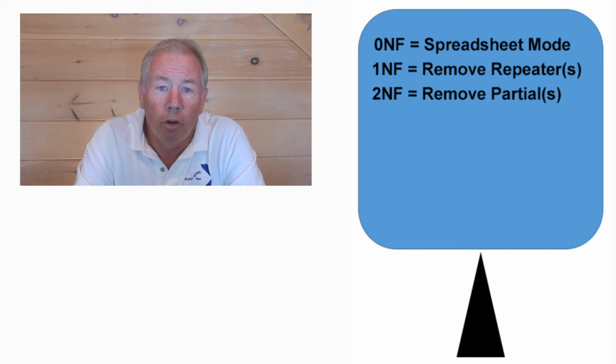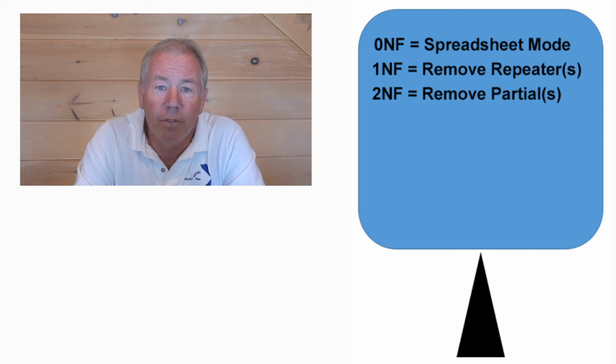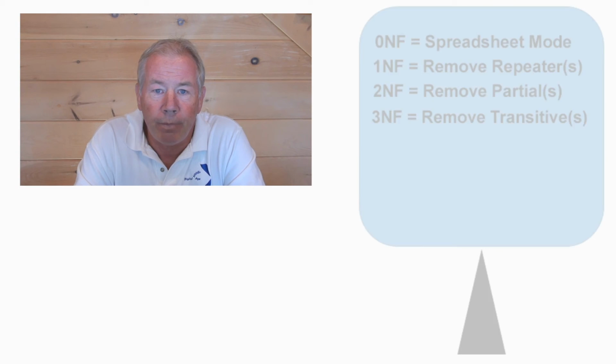We then brought our first normal form to second normal form by removing any partial dependencies, a partial dependency being defined as attributes within a table which are wholly dependent on part but not all of the segments of the primary key. Real easily done. We just bring them out and make them a new table.